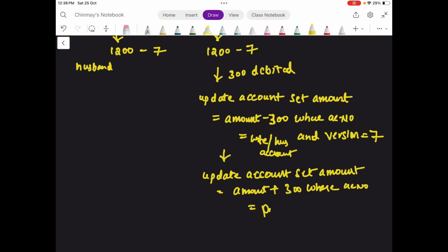Okay, purchaser account number. Here there is no need to check the version, it goes for 300.